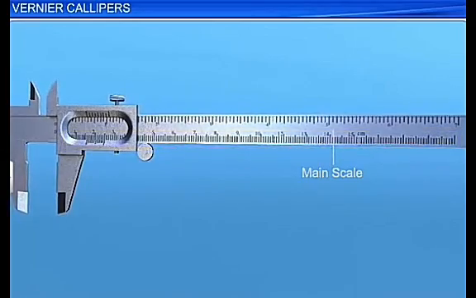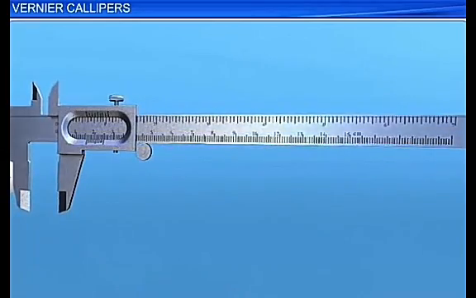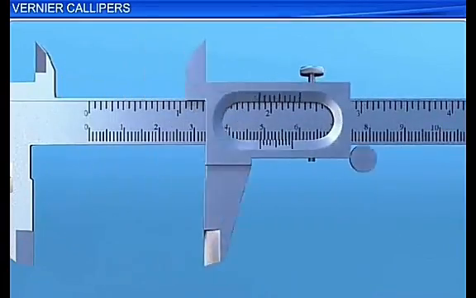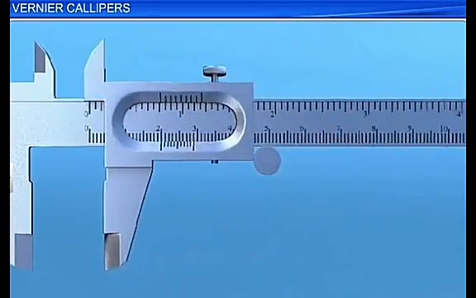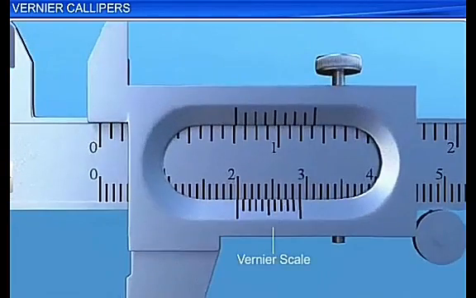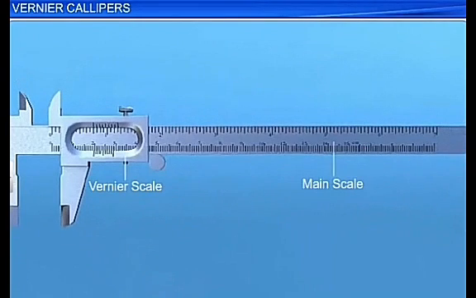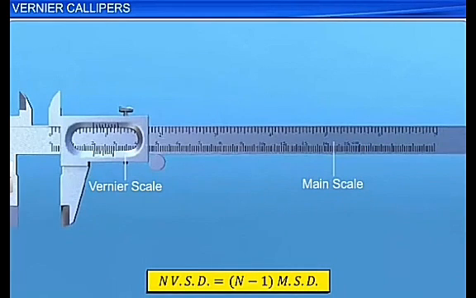The other scale, which slides along the main scale, is called the vernier scale. The vernier scale is graduated in divisions that are less than 1 millimeter. It is designed based on a principle such that n divisions on the vernier scale coincide with n-1 divisions on the main scale.